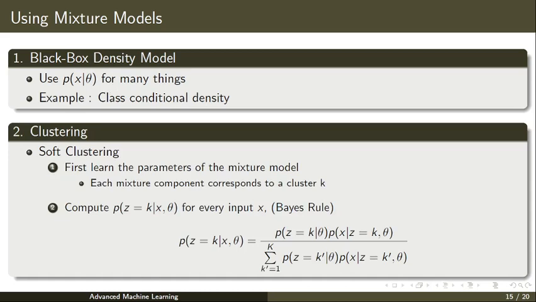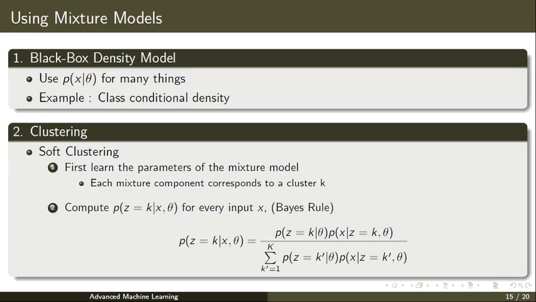A second and one of the best usages is for clustering. We call it soft clustering. This is not hard clustering, because here we are calculating the probability, so that's why we call it soft clustering.